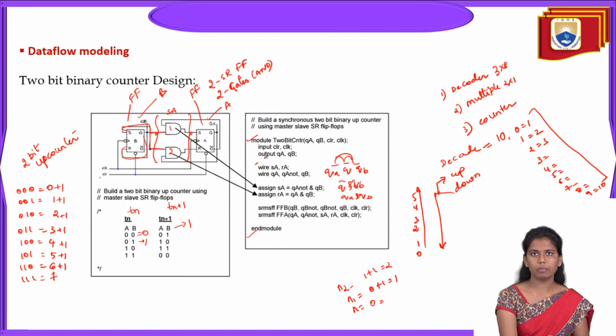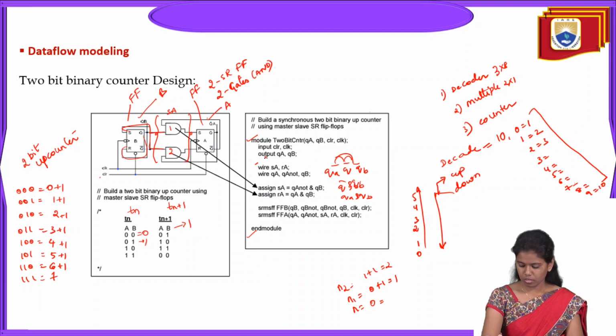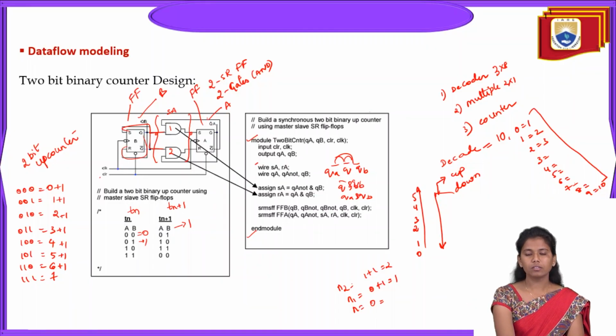So this is all about the binary counter, and these are the overall examples that we have discussed in data flow modeling. So far we have discussed decoders, multiplexers and counters, and how to write the code. If you are considering data flow modeling, remember that your code should contain a keyword called assign, in all the examples that you consider.